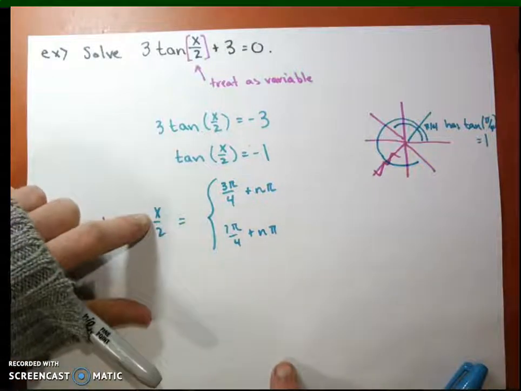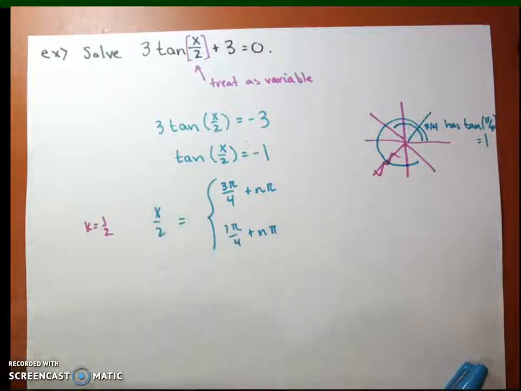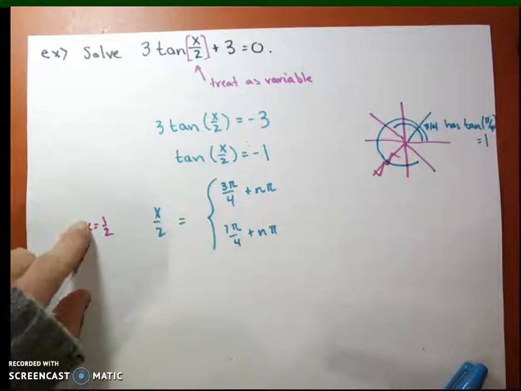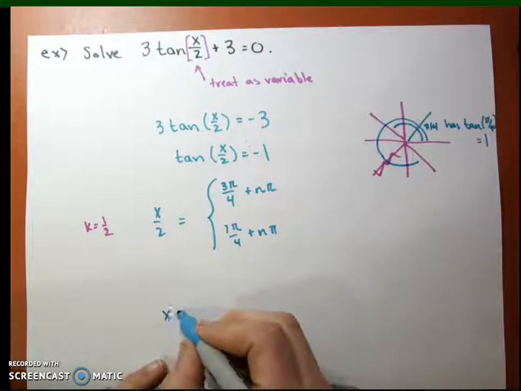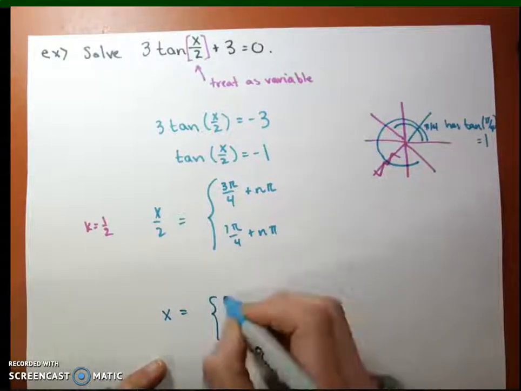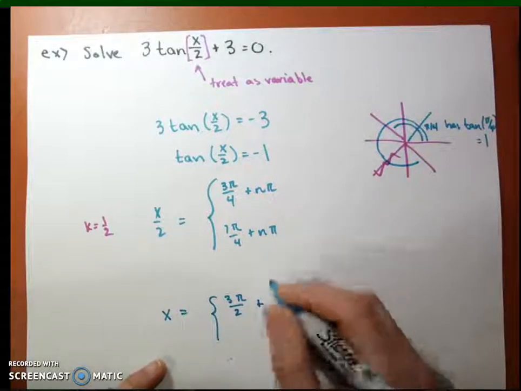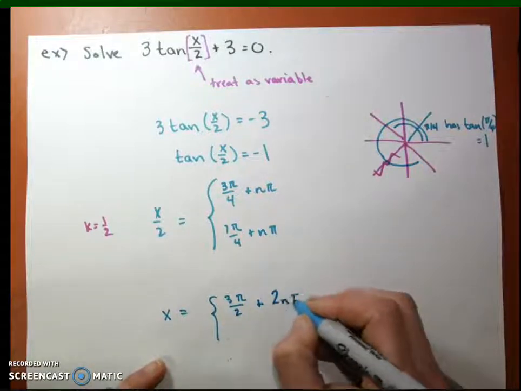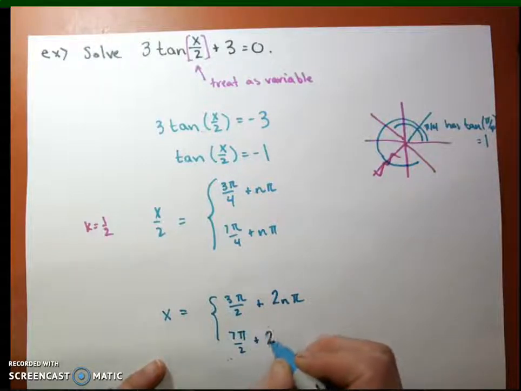In order to get x by itself, I need to multiply by 2 on both sides of this equation. Multiplying by 2 is the same as dividing by 1/2. So my final answer is x equals 3 pi over 2 plus 2 times n times pi, and 7 pi over 2 plus 2 times n times pi.